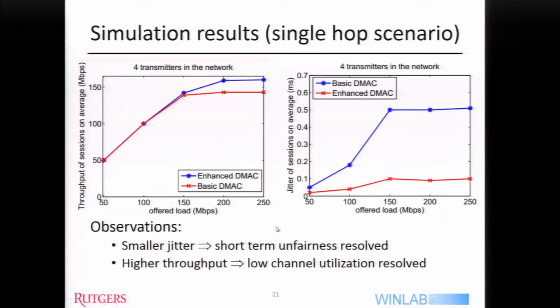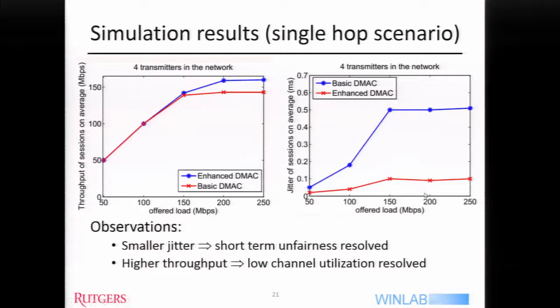This simulation result is about the single hop scenario. We can see that although the throughput is not much higher than the basic directional Dmacc protocol, we did achieve much smaller jitter, as shown on the right, no matter whether the network is saturated or not.